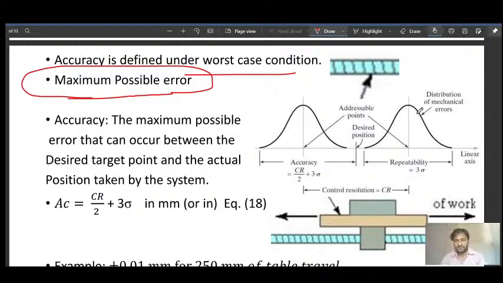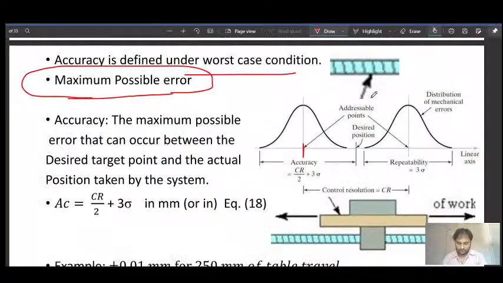So what we have again here is a decimal point. Say we have targeted to go here, but our table is stopping below or beyond these points.